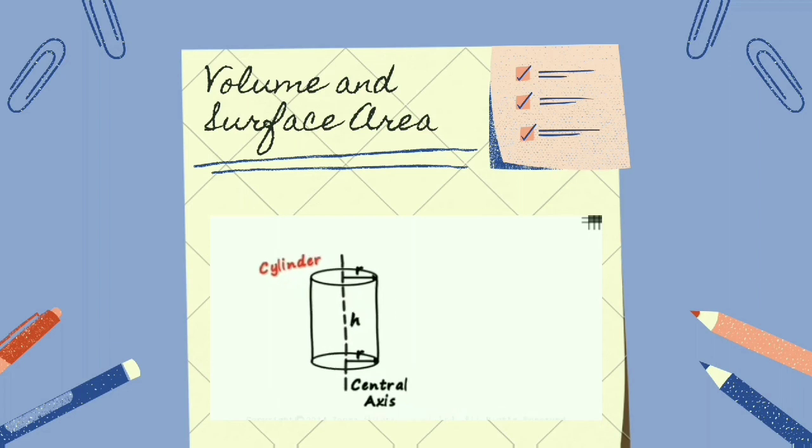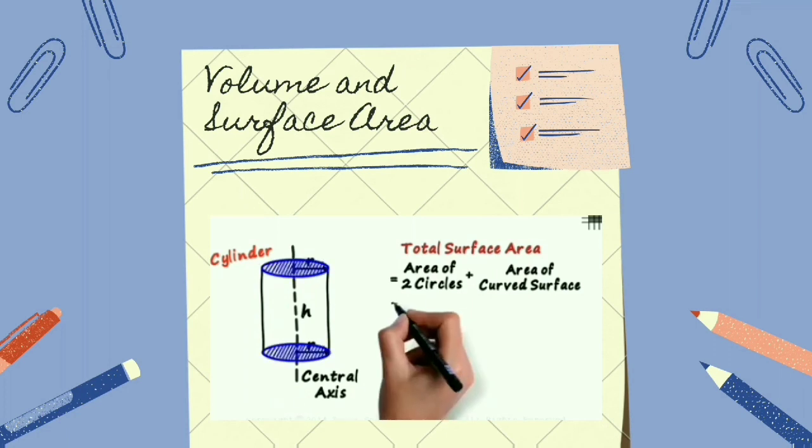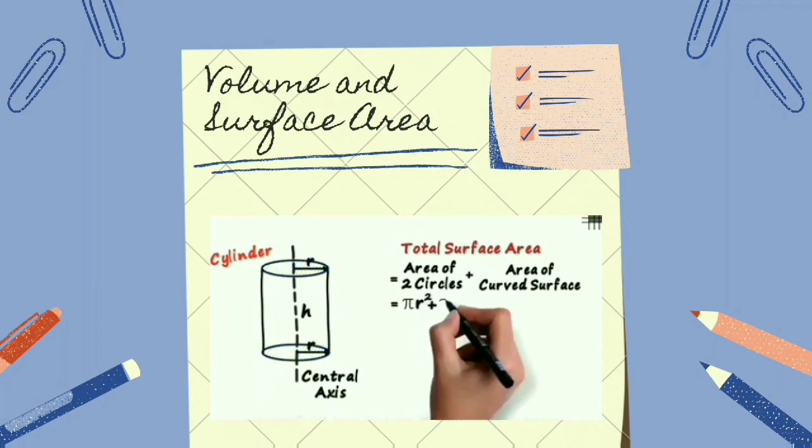So how do we find the total surface area of the cylinder? It will be the sum of areas of the two circles and the area of the curved surface. As the radius is r, the area of each circle will be pi r squared. So the sum of the areas of both the circles will be pi r squared plus pi r squared.